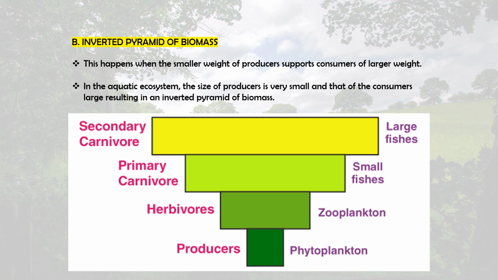Here, the rate of production in producers is higher as compared to the consumers in the ecosystem.